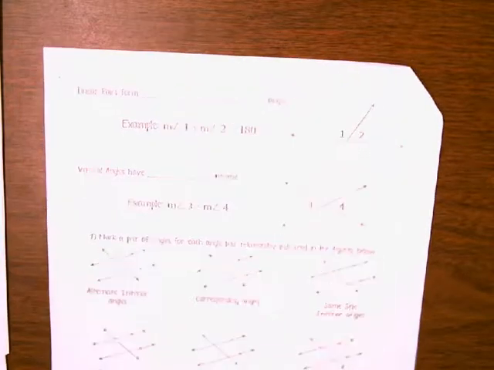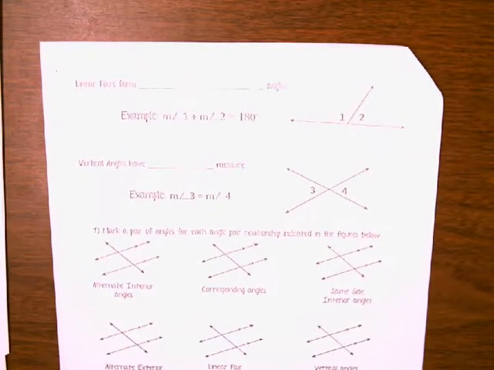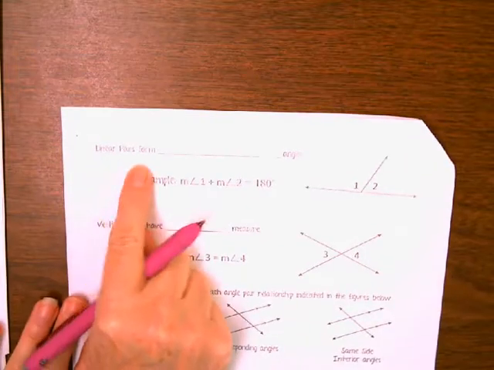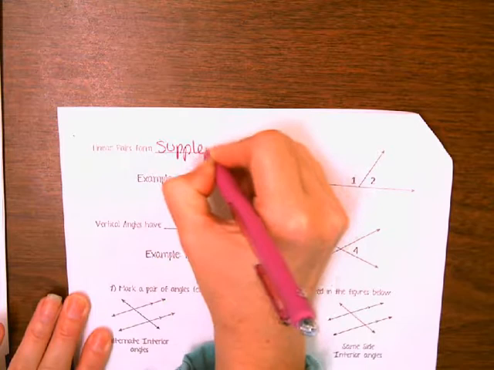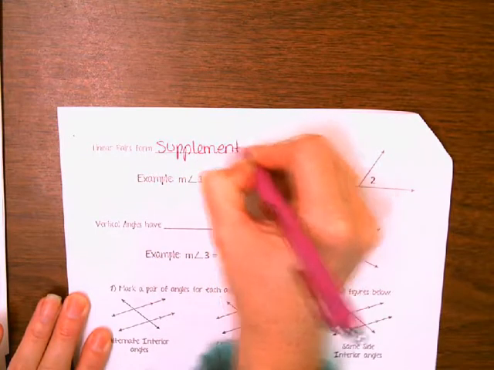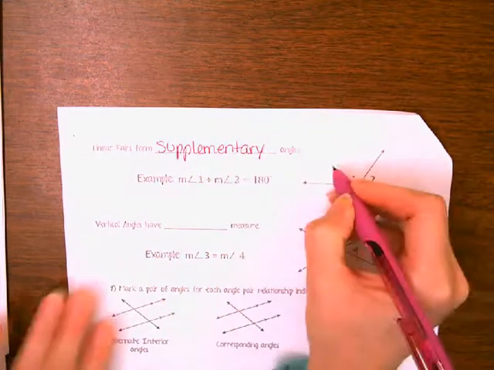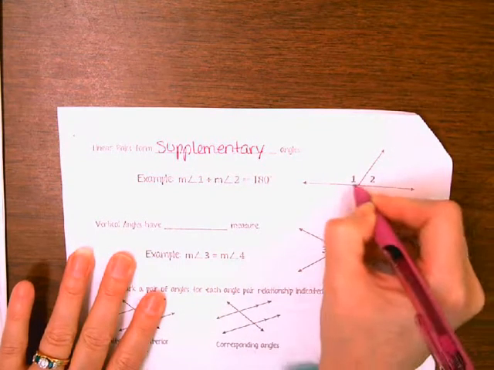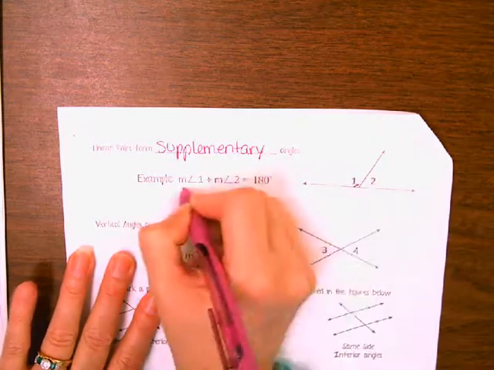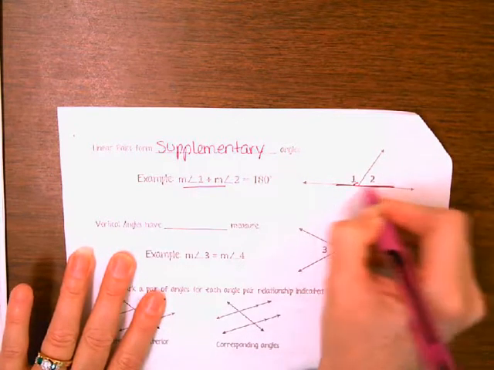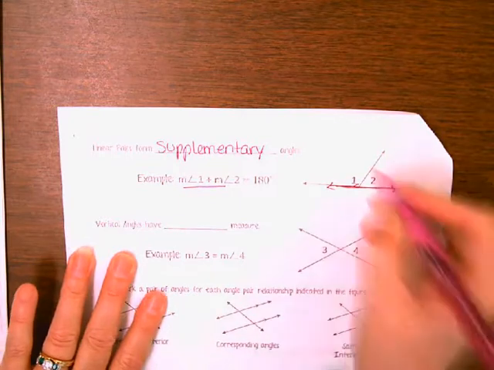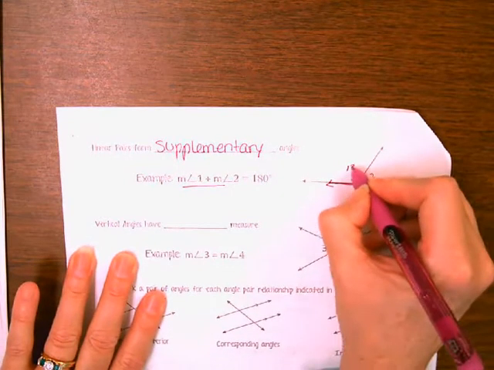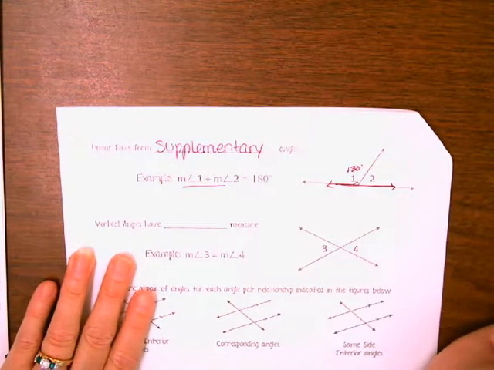All right, we didn't talk about this in the guided notes, but it's fairly easy. Linear pairs form supplementary angles. Here's angle 1, here's angle 2. They're linear. They sit on a flat line. So let's pretend I told you that this angle was 130.